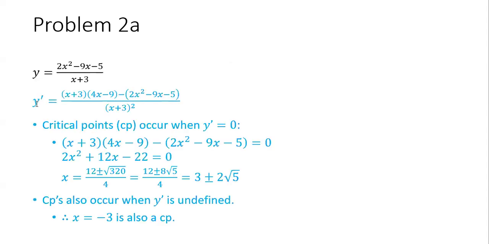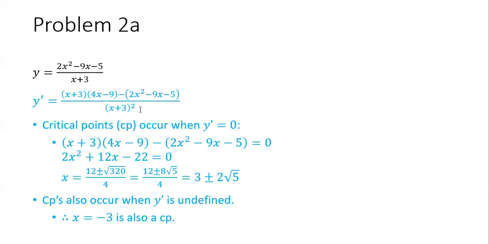So we need to go through the motions of taking the derivative. Y prime, we need the quotient rule, so I'm not going to go over that step. You can check this on your own. Okay, we need to find what we call the critical points. Critical points are when y prime, the first derivative, is 0 and or when the first derivative, y prime, is undefined.